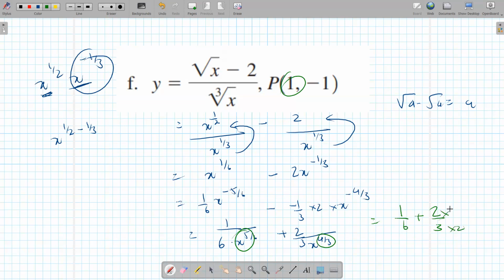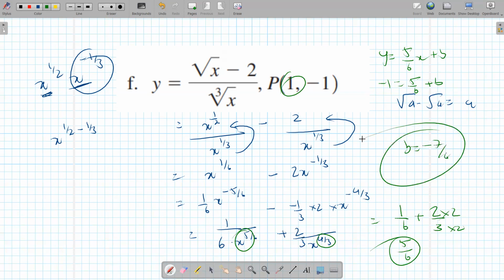We'll multiply this by 2, so you get 1 plus 4, 5 over 6 is your slope. Cool? And then to find the mx plus b thingamajig, 5 over 6x plus b, y is negative 1, x is 1. So it'll be negative 1 minus 5 over 6 will be b, that's negative 11 over 6. And you are done with the question.